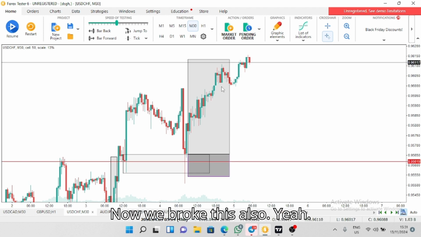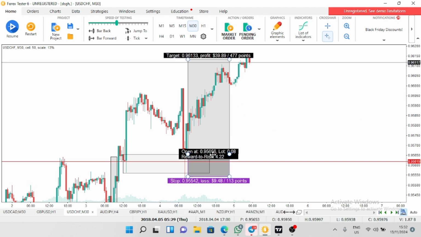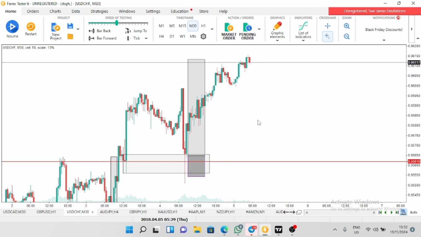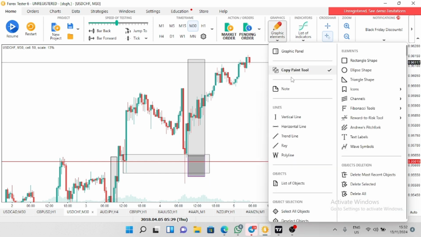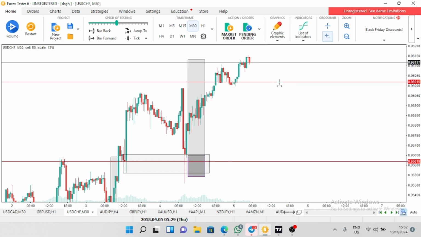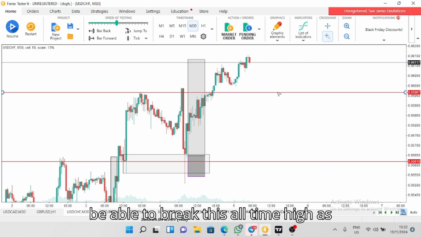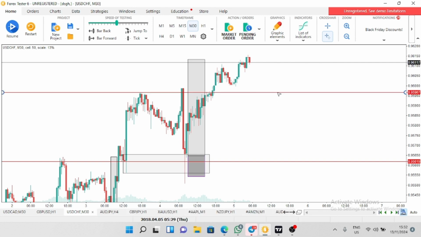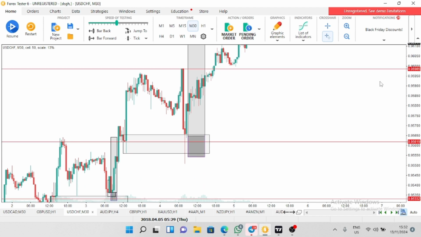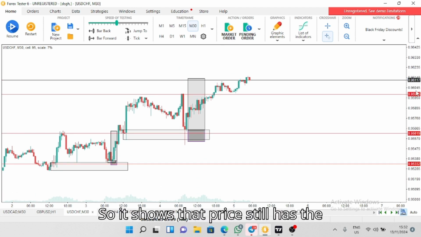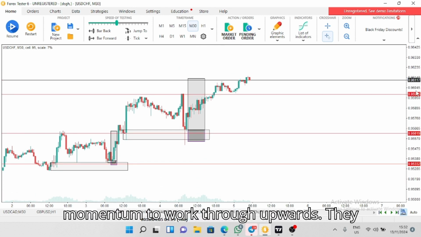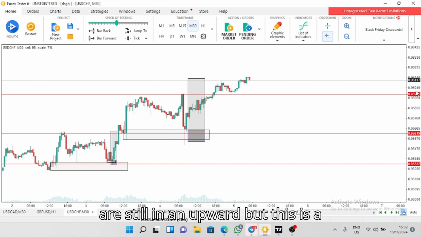Now we broke this also. We're able to break this all-time high as well. So it shows the price still has the momentum to throw upwards. We are still in an upward move, and this is a valid structure.